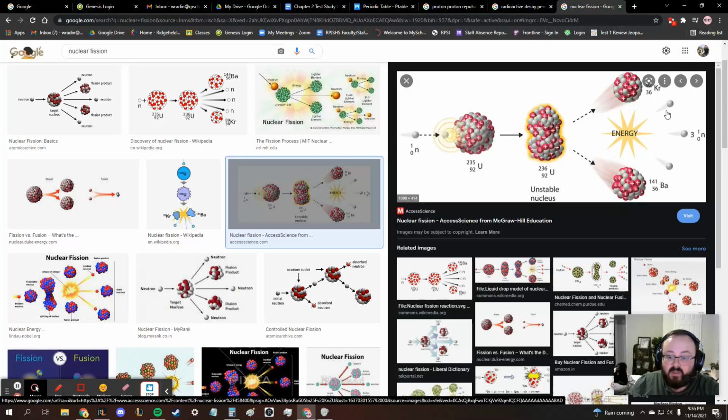It also releases three more neutrons, which can then complete the cycle. These three neutrons can bump into more uranium and explode it, have more energy and release even more neutrons. That is the chain reaction that creates nuclear bombs.